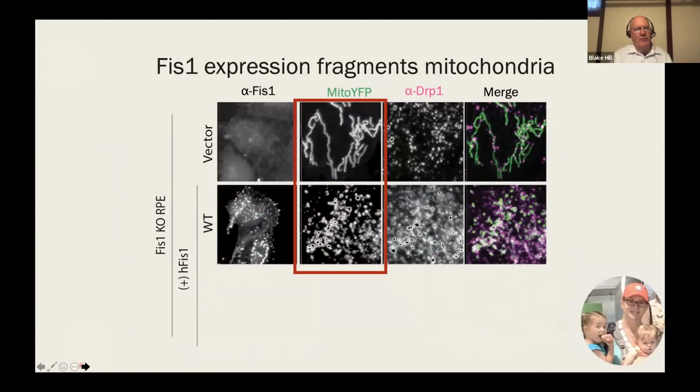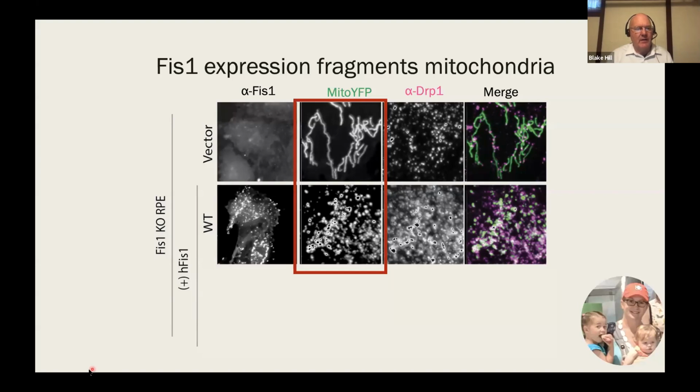So what does the arm do functionally in human cells? Is it similar to yeast? And here I show work of Megan again, in which, in wild type cells, when you have FIS1 knocked out, you see these elongated mitochondria. These are CRISPR-Cas9 knockout cells from retinal pigment epithelial cells that Megan generated. When you overexpress wild type FIS1, you see this fragmentation.